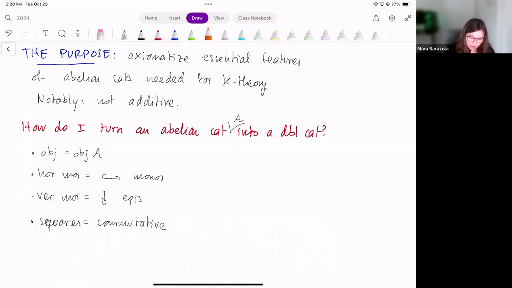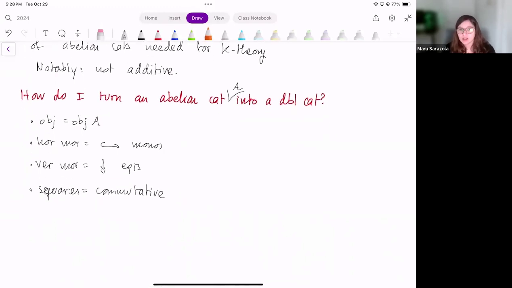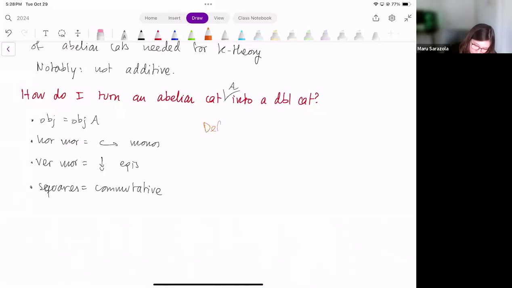Okay, so then in orange here on the side, I'm going to start to define our double categorical structures, but I want to keep in mind the motivating example of these abelian structures, just because these axioms can be a little bit abstract. So I'll start the definition. A CGW category is a double category.